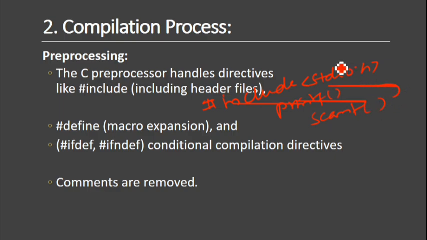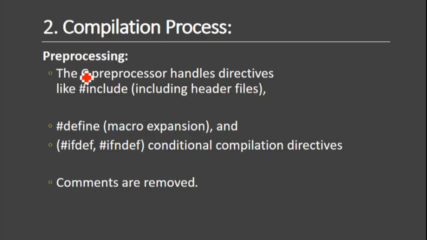After that, I'm going to use hash include string.h, where all the string functions, like string upper, string lower, string concatenation, and various other string functions are defined. These are the header files which are handled by the preprocessor: hash include and all the header files.